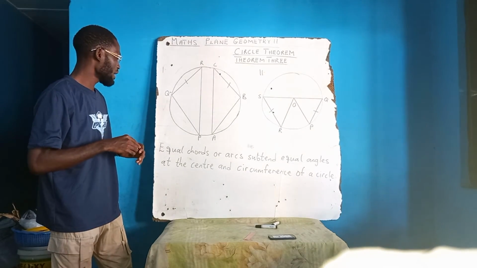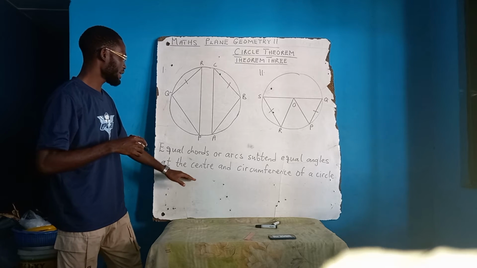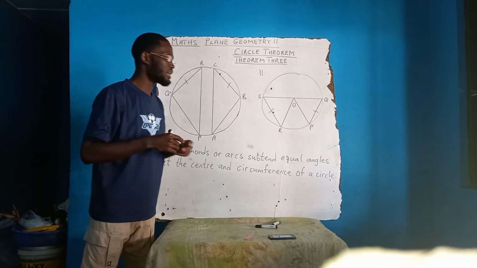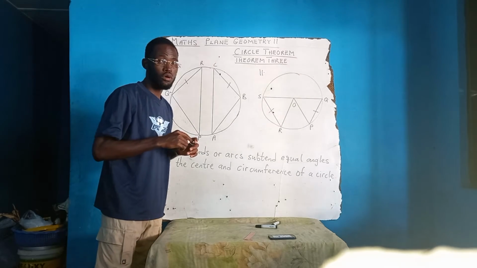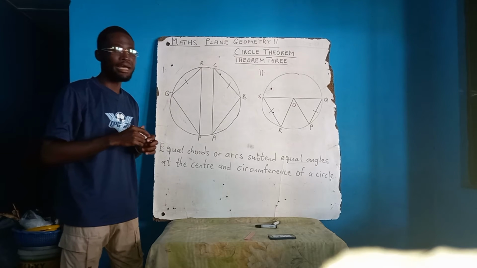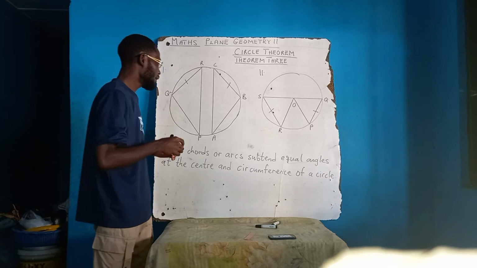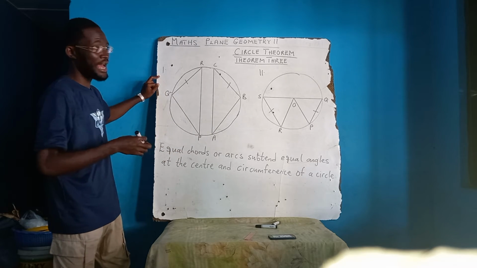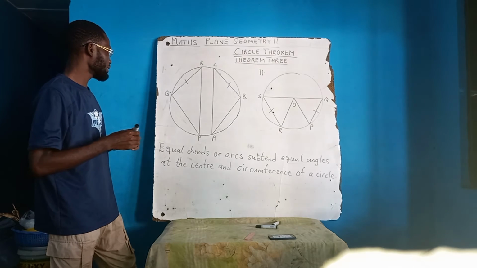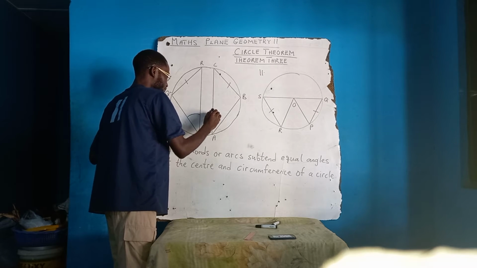So we are going to look at the instances whereby the angles are connected at the center in illustration II, and then we'll also talk about where we are going to have our angles being equal at the circumference in illustration I. So per that, we are going to have our angles formed here.